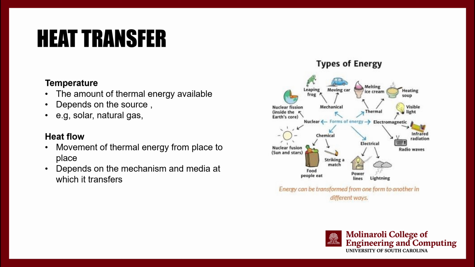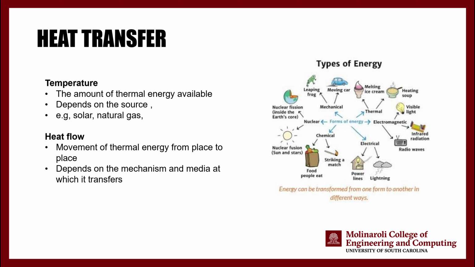You have to keep in mind that the higher the temperature of the material, it means that the higher the Brownian motion, so essentially irregular movement of particles within a material. That's what it means. Heat flow or heat transfer is the movement of thermal energy from one location to another.